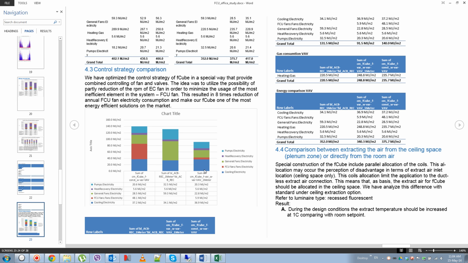As a result, we got that fCube with optimized control strategy consumes, as I will show after, 30% less energy than active chilled beam and 35% less energy than fCube with standard control strategy.